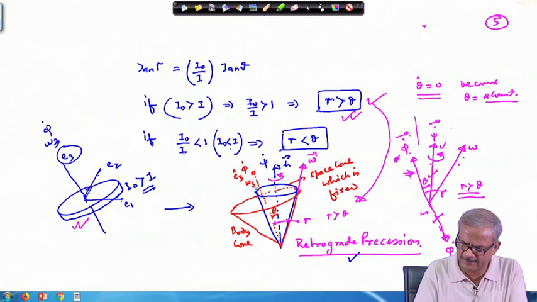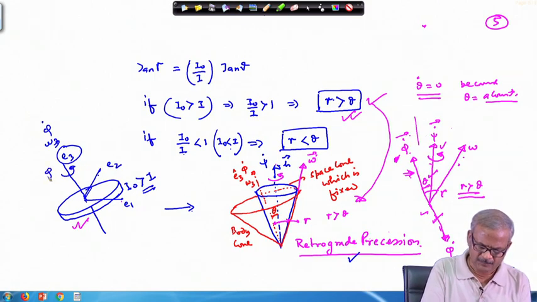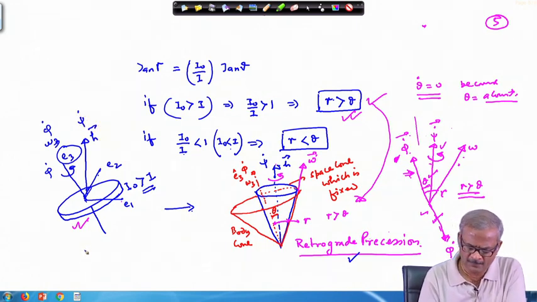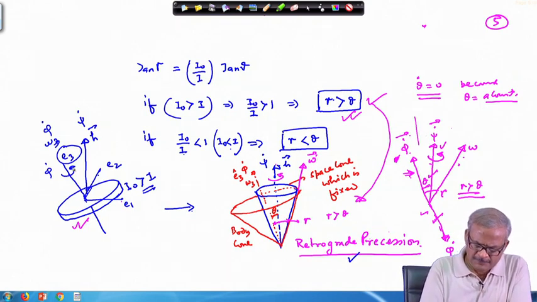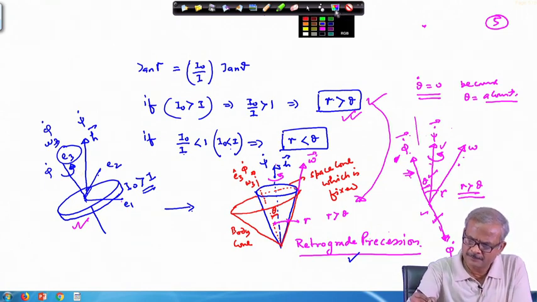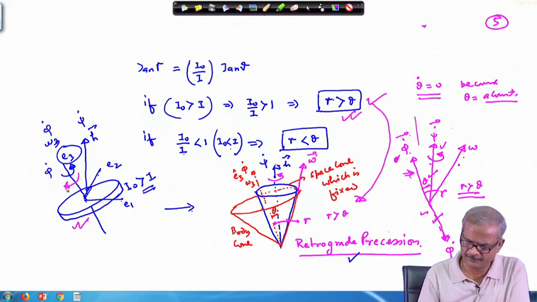As it rotates, it is rotating on its own axis at phi dot, and simultaneously it is also rotating about this h vector at the rate of psi dot. So, instead of this rotation being anti-clockwise as shown here, it is just clockwise. The rotation sense is just reversed for this particular case of a disc.